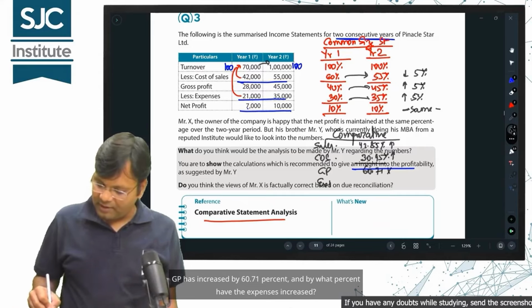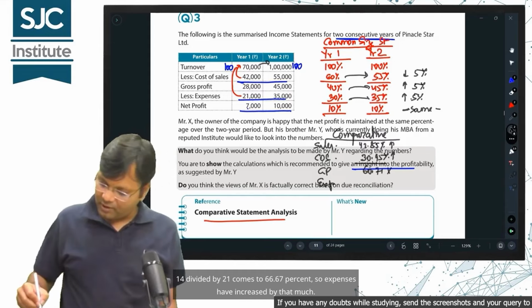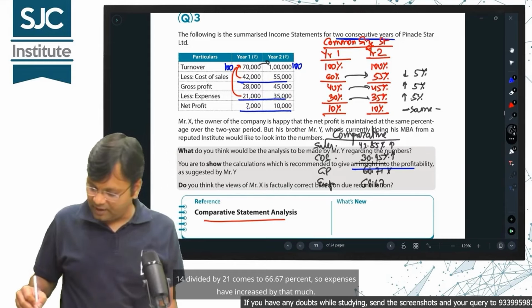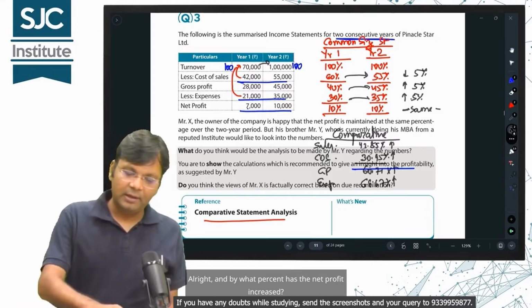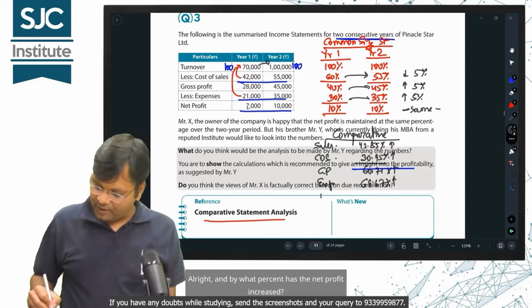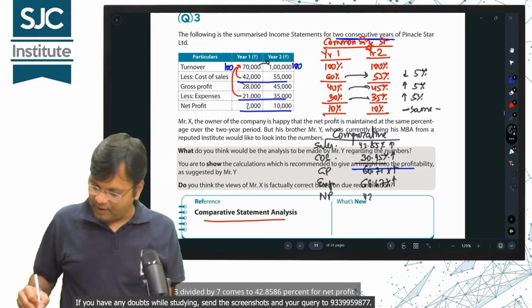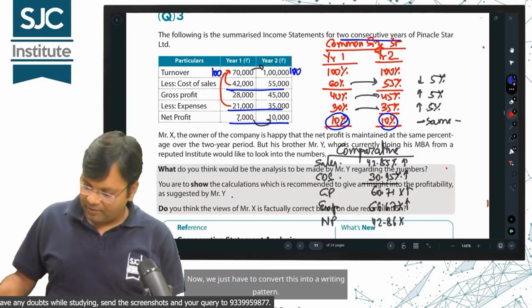And by what percent have the expenses increased? 14 divided by 21 comes to 66.67%, so expenses have increased by that much. Alright, and by what percent has the net profit increased? 3 divided by 7 comes to 42.86% for net profit.